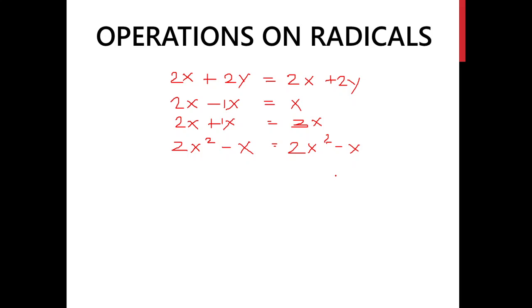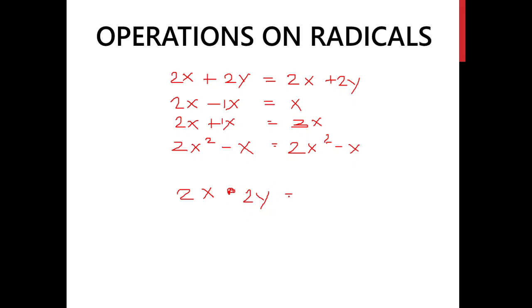Okay, now when it comes to multiplication, you can now directly multiply the two terms. So for example, you have 2x plus 2y. In addition and subtraction, you cannot combine these two, but when it comes to multiplication, we can now multiply all the elements of each term.